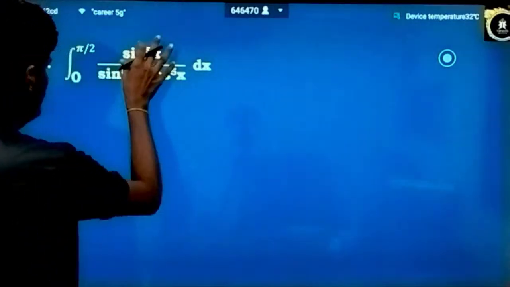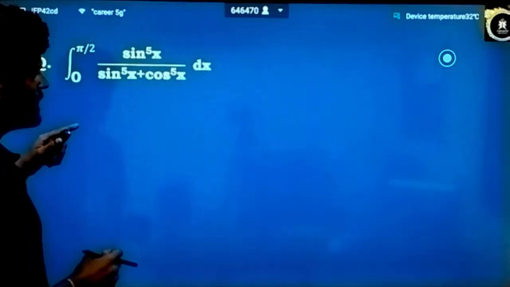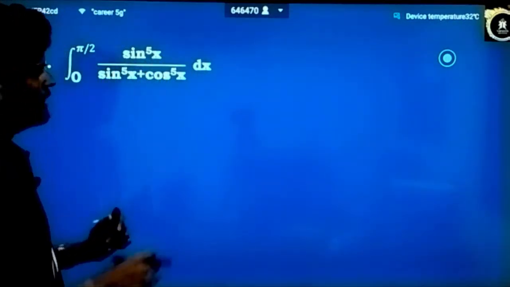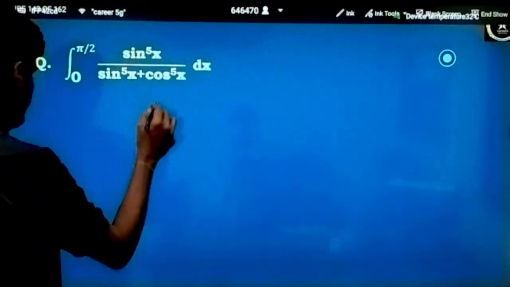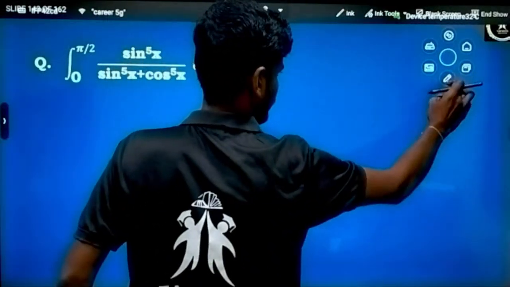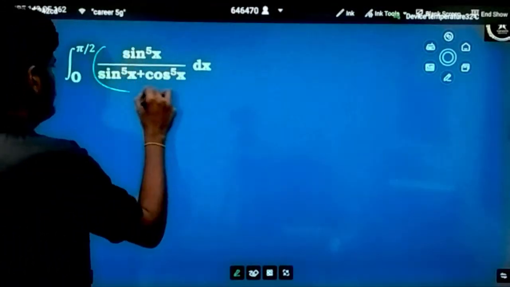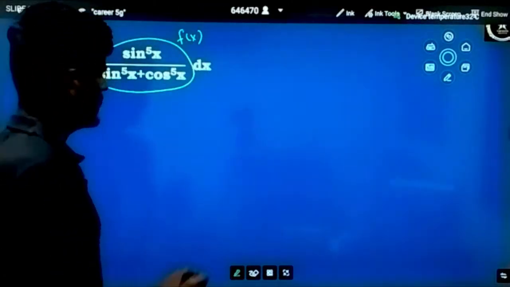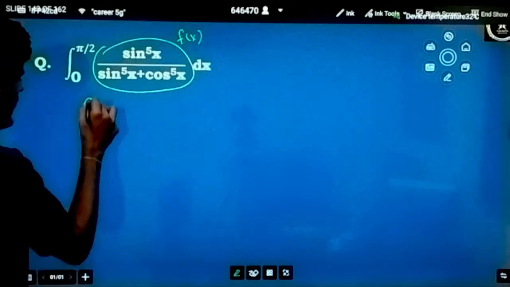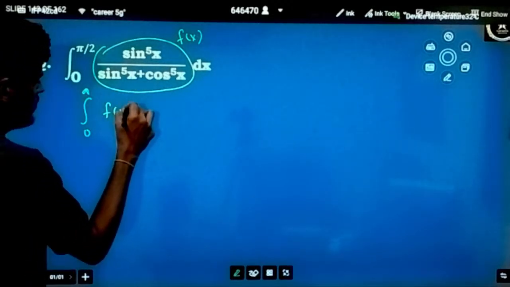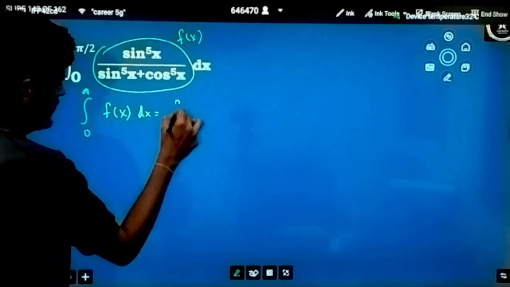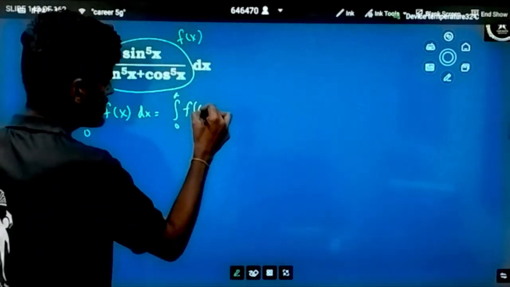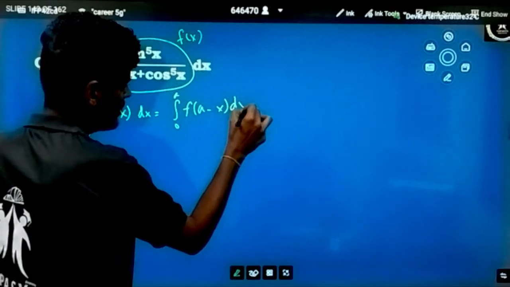Okay. Now we already know the property for the integral 0 to a of f of x dx. Here f of x is this entire value. We already know the property that the integral of 0 to a of f of x dx is equal to the integral of 0 to a, with the limits remaining the same, of f of a minus x dx.